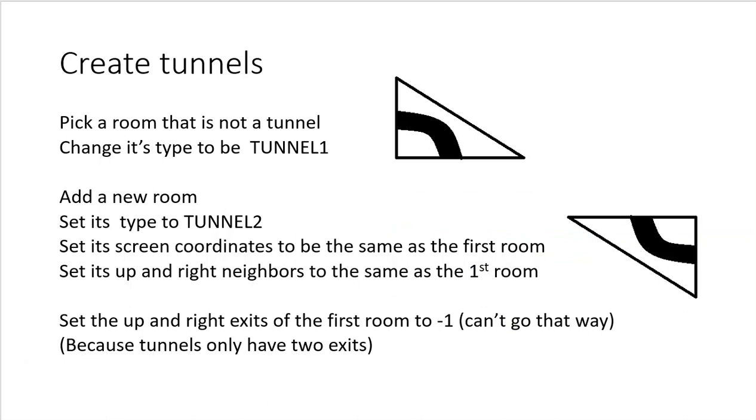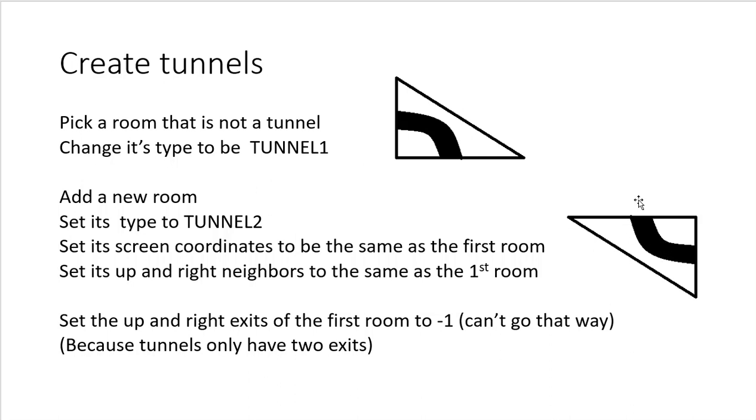Now here's the process for creating a tunnel. Pick a room that's not a tunnel and change its type to be one of these two things. There are two ways to do this, and I'm going to show both. We take a room and say you're tunnel 1 now, one of these curvy guys. Then we allocate a new room, or grab one from our array that hasn't been used yet, and turn it into the matching type of tunnel.